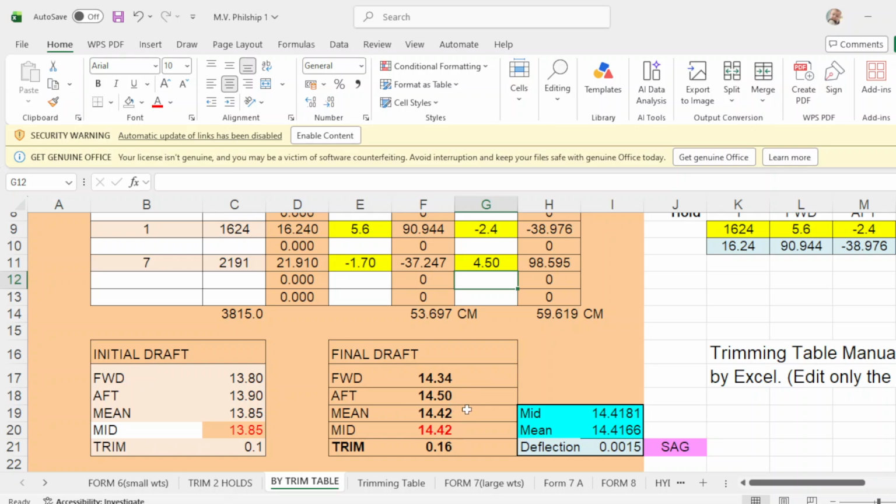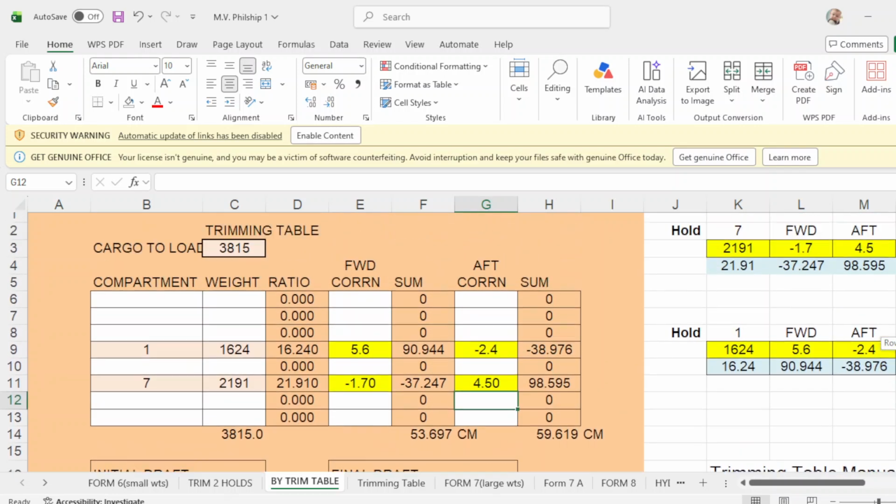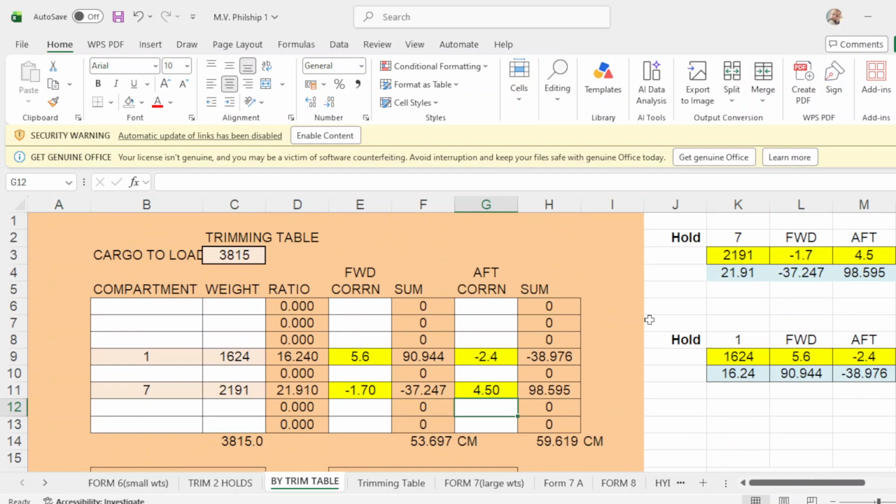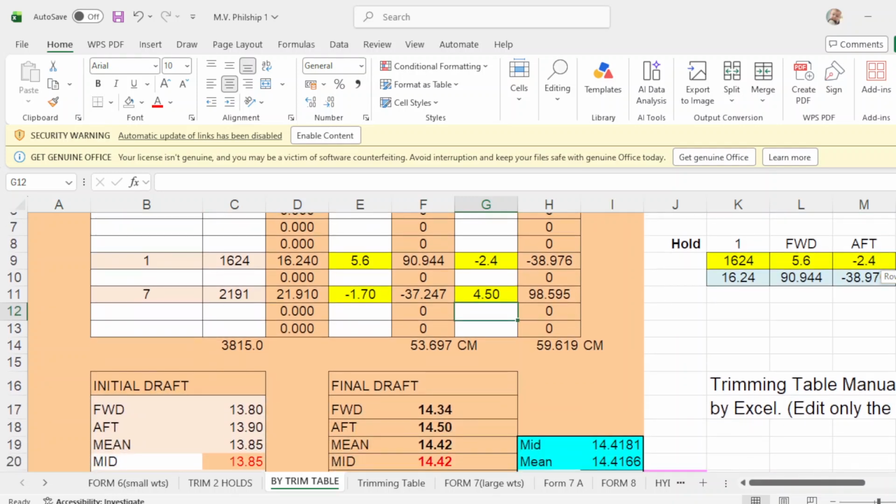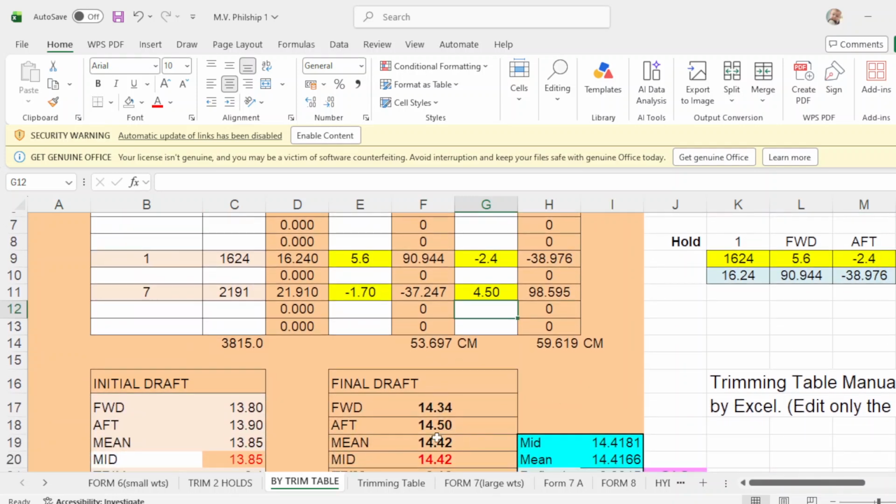So what I will do, I will adjust the correction forward and up. This is your forward correction, this is your up. I will adjust the correction so that we will have an even keel here. So instead of 5.6, I make it 6.1.